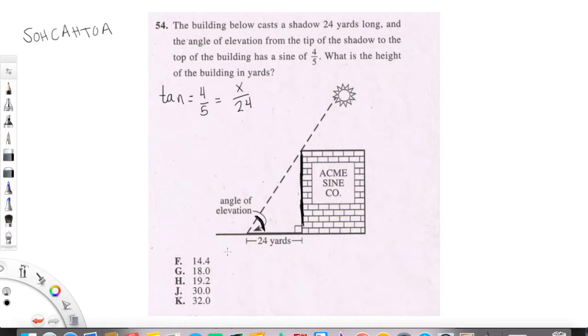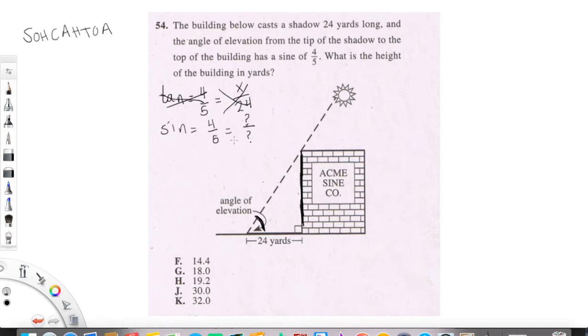Problem is that we can't put 24 into our ratio for the sine. Just to be clear, this is not what's up, this is our ideal world that we don't live in. Opposite over hypotenuse is 4/5, and we have something that we don't know over something that we don't know. We don't know the opposite or the hypotenuse. So we can't solve this as it is.